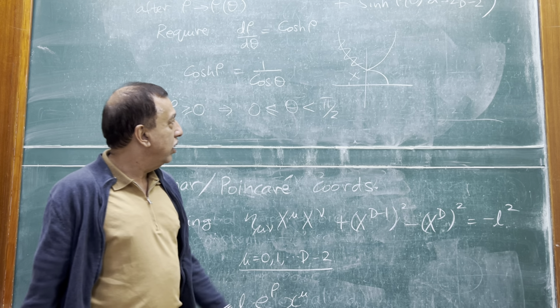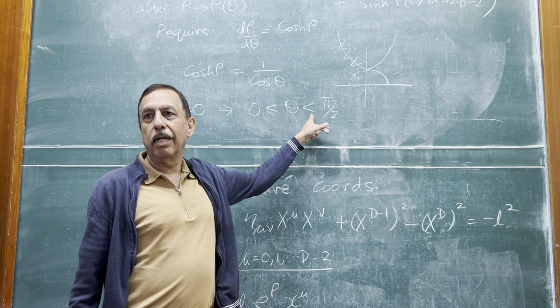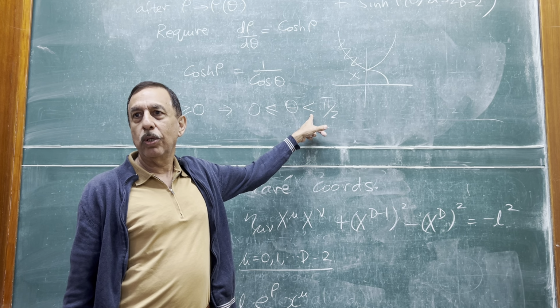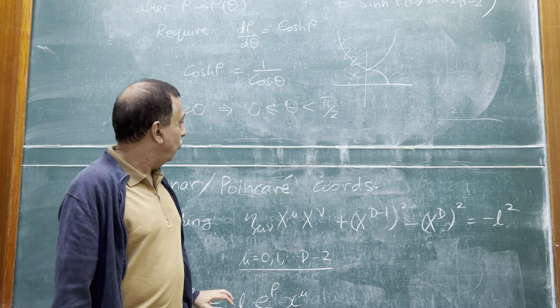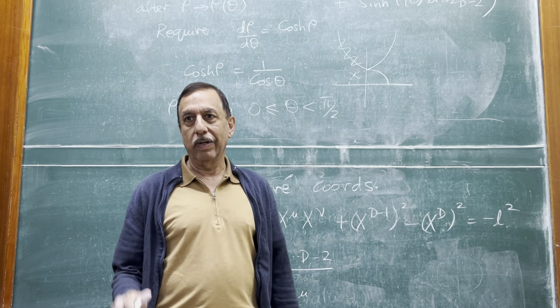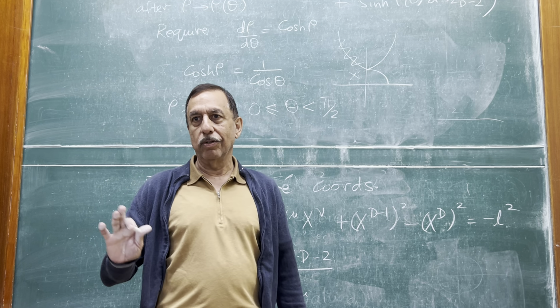And just to be very picky, I use less than rather than less than or equal to, because rho equals infinity is not a point, it's infinity. But in a moment, we'll do the conformal compactification, we have to still do it. Once we are in the unphysical compact space, then we can restore an equality here, because now we can actually reach the boundary. That's the whole point of the Penrose diagram.